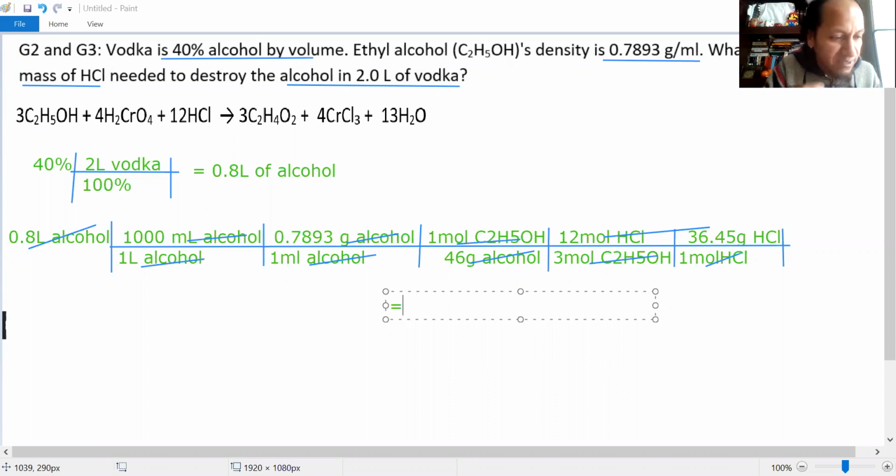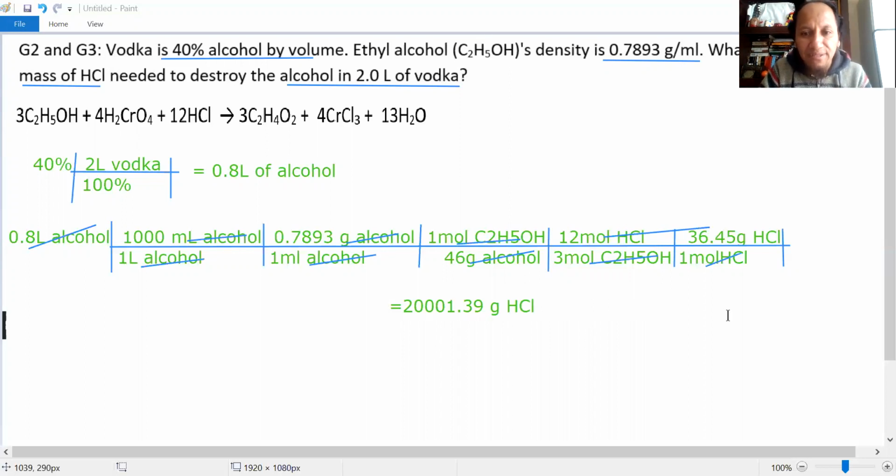And it's going to give you specifically 2001.39 grams of HCl. Okay, so basically that would make it, my dear students. Hope you got it, and that's it.